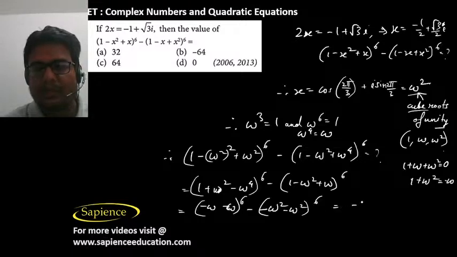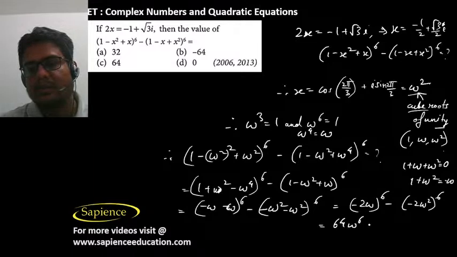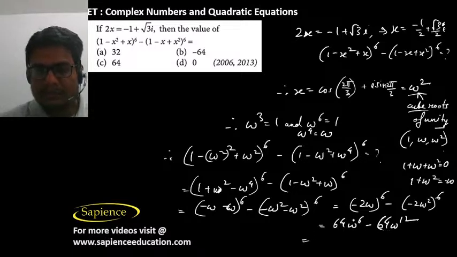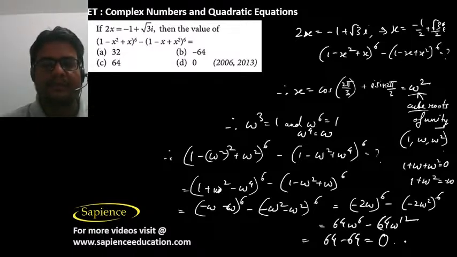So this is minus 2 omega whole power 6 minus of minus 2 omega square whole power 6. So this will be 2 power 6, that is 64 omega power 6, minus 64 omega power 12. So this will be 1 actually, 64 minus 64, that is equal to 0. So option D is the correct answer.